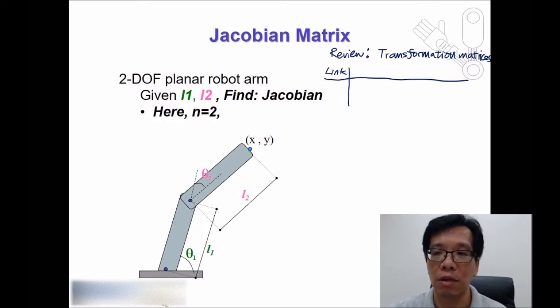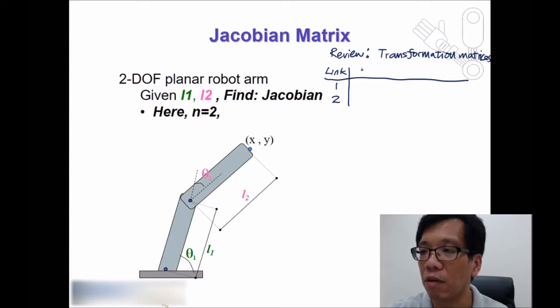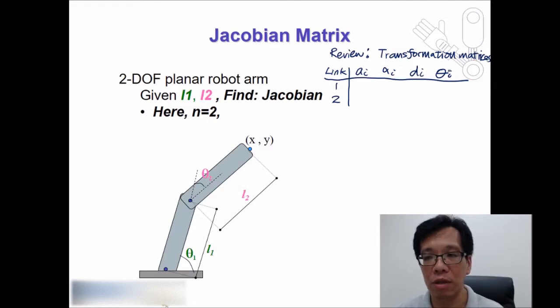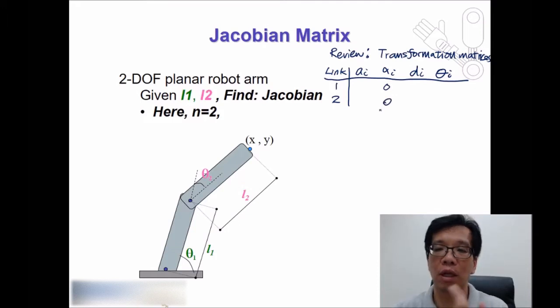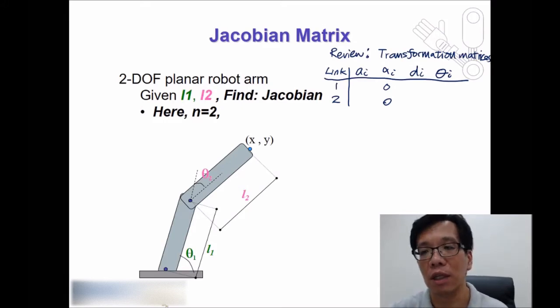In this case we have two links, and we need to find out my ai, alpha i, di, and theta i. Clearly, those two links are moving on the XY plane, which means alpha is going to be 0. Those two Z axes point in this direction and they are parallel, which means alpha is going to be 0. And since they are at the same point, the offsets along the Z direction are both 0 as well.